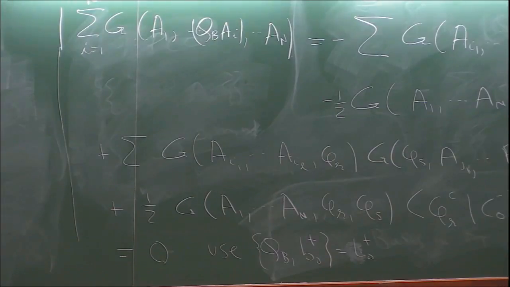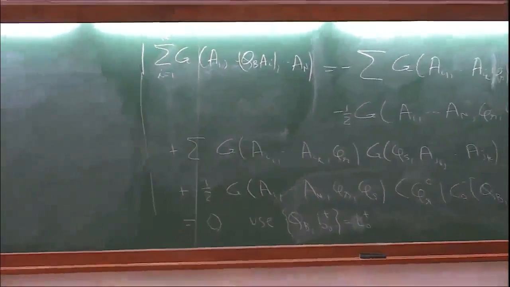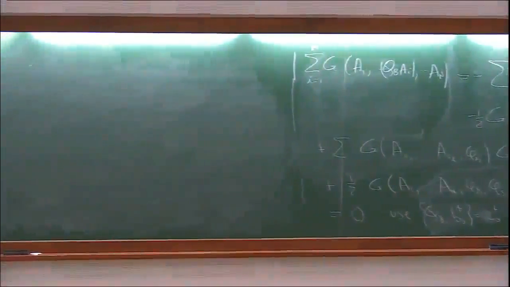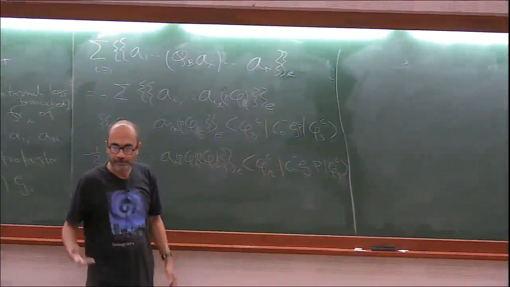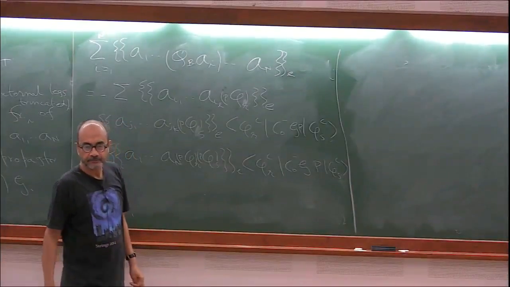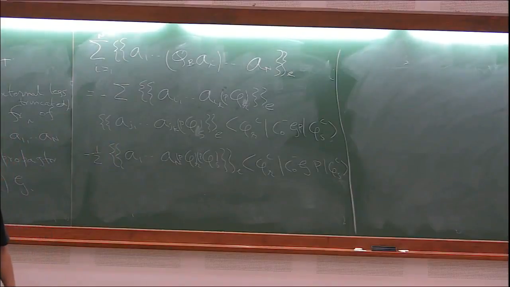But once you define these new curly brackets by summing over all the P non-invariant intermediate states, now you have got a new identity which looks similar to the original identity. But now both the external states are in the P invariant subspace, and the states that we are summing over in the intermediate state are also in the P invariant subspace. So you really need to integrate out the P non-invariant states.